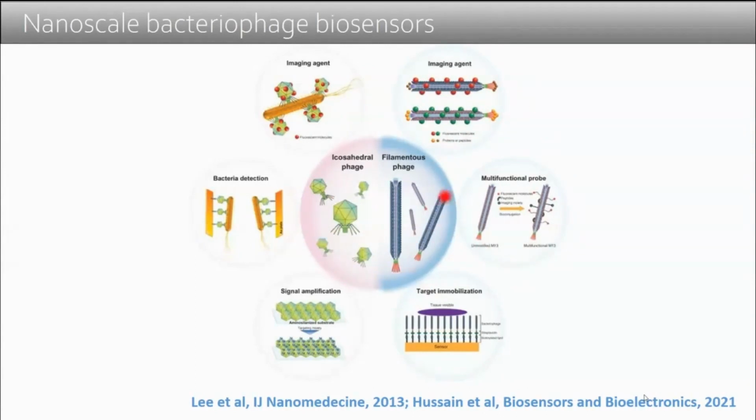You can use them to produce multifunctional probes by covering the capsid with different epitopes or functionalized proteins. You can also do target immobilization and signal amplification, because they are very easy to produce and you can accumulate them on surfaces, and of course to detect bacteria.